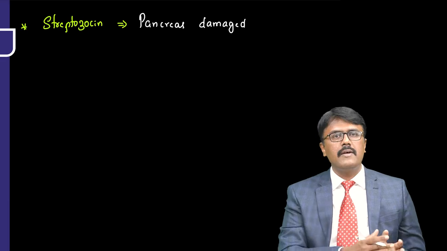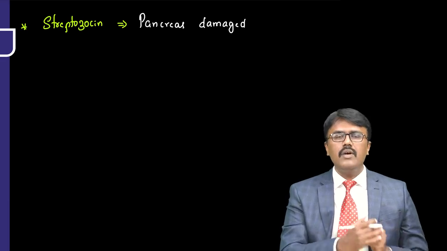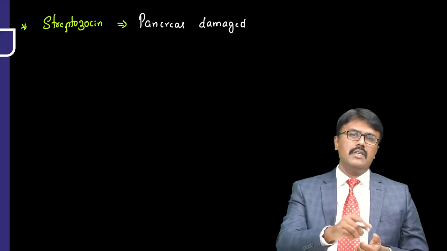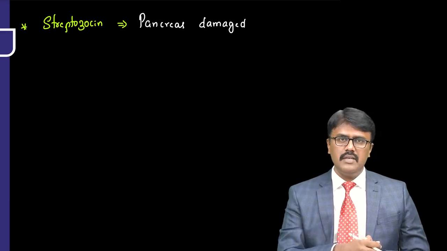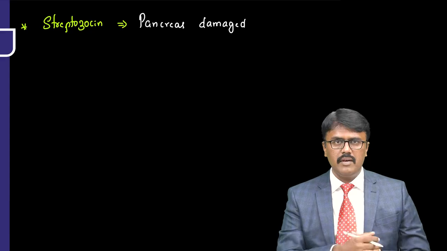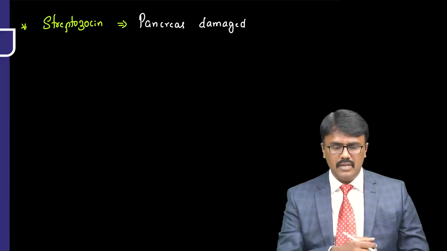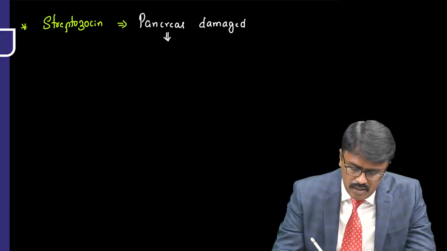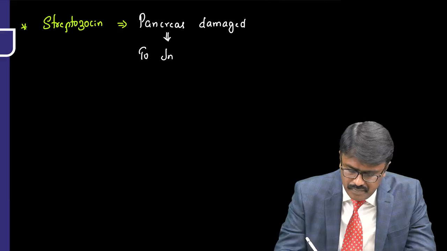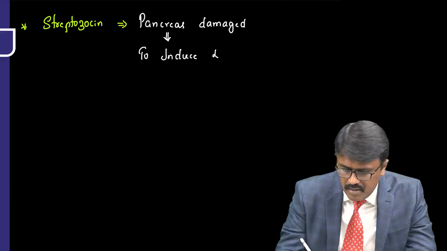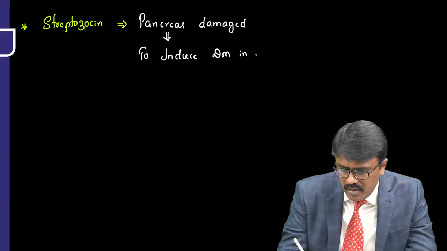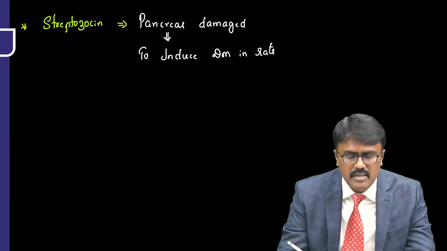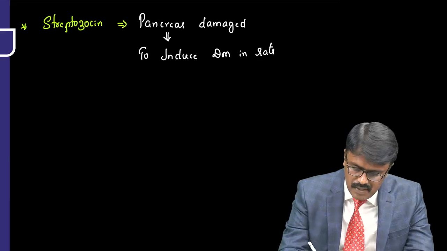Suppose you want to make a rat diabetic, you have to destroy the pancreas. What do we give? We give streptozocin. It will damage the pancreas of the rat and it will become a diabetic rat. That is why we use it in animal experiments to induce diabetes in rats. In certain cancers also we use that.